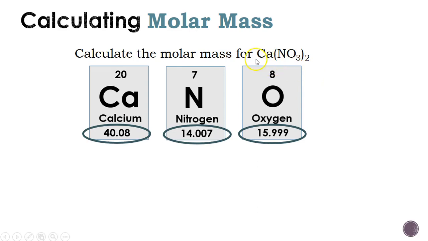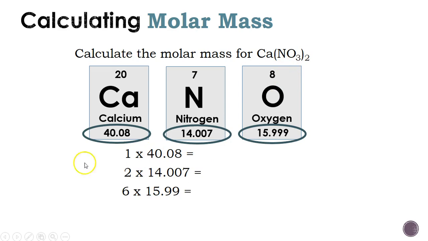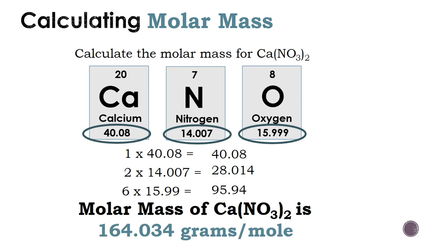So in this particular ionic formula, we only have 1 calcium, we have 2 nitrogens, and lastly, we have 6 oxygens. So why don't you pause the video and try to come up with the molar mass for this ionic compound. Hopefully when you calculated all of these different molar masses, you got a final answer of 164.034 grams per every 1 mole.